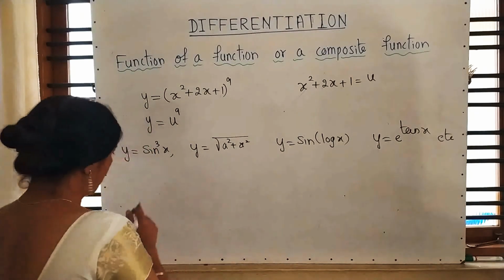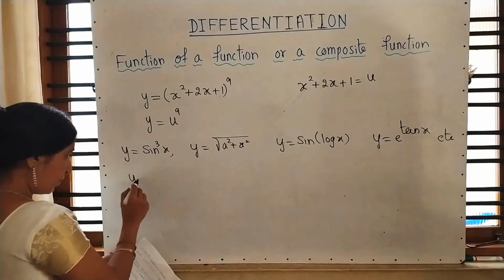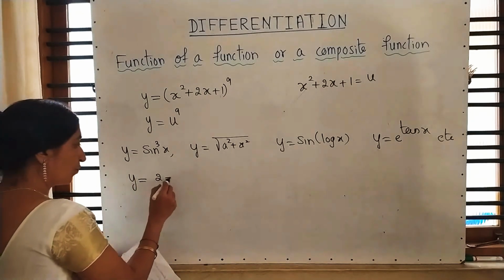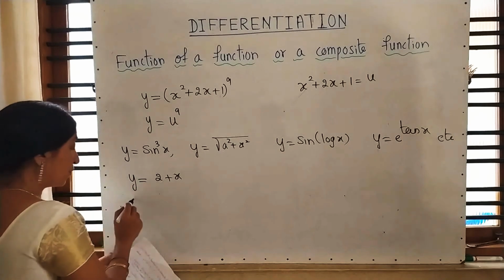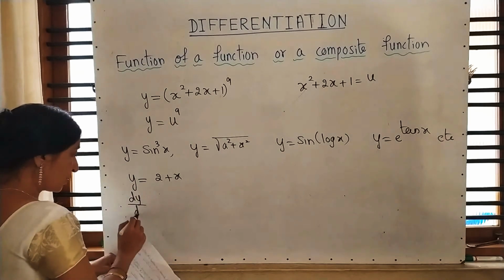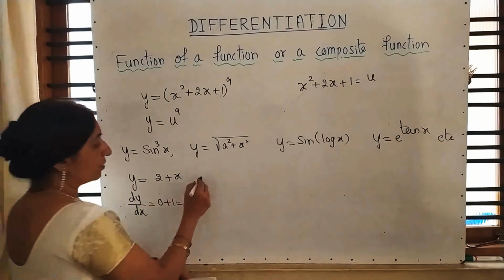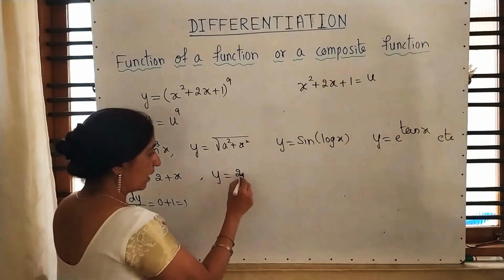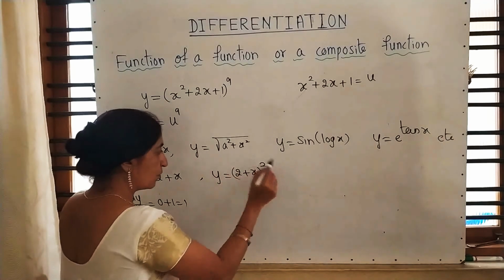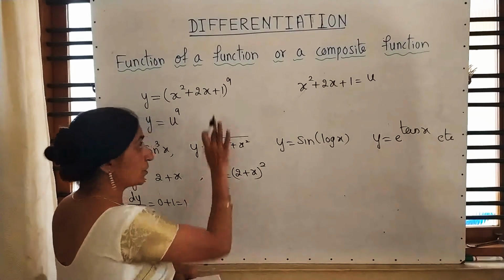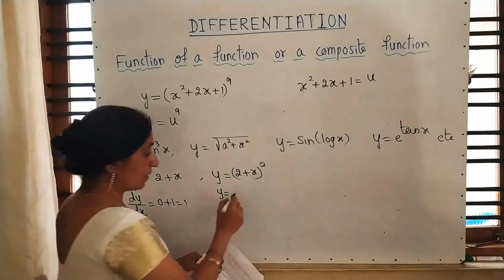See, I will start with the basics. Suppose the problem is y is equal to 2 plus x. How do you differentiate? Our differentiation will be like this. Suppose you have y is equal to (2 plus x) whole square. Before differentiation, what do you write?